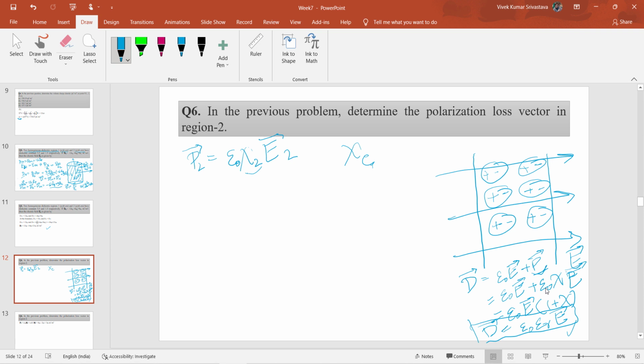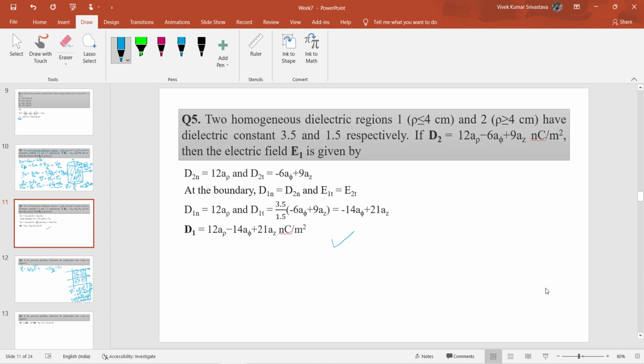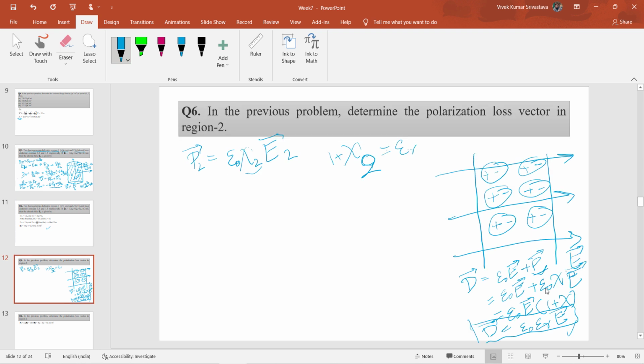We have already derived that 1 plus xi 2 is equal to epsilon r. Epsilon r is given in the question as 1.5. So xi 2 is equal to 1.5 minus 1, which is 0.5. Replacing the value of xi 2 here, this becomes epsilon naught into 0.5 into E2.